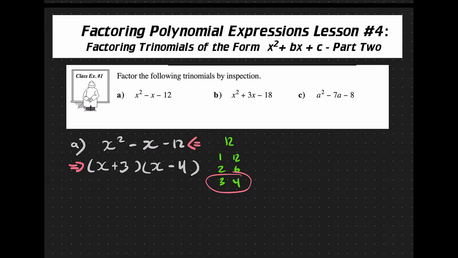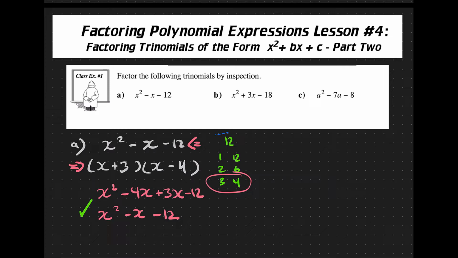So you see we have x times x, which is x squared. I got x times -4, which is -4x. I've got 3 times x, which is plus 3x. And I got positive 3 times a -4, which is -12. And if I gather the like terms, I'm left with x squared minus x minus 12. And we know that we are correct.